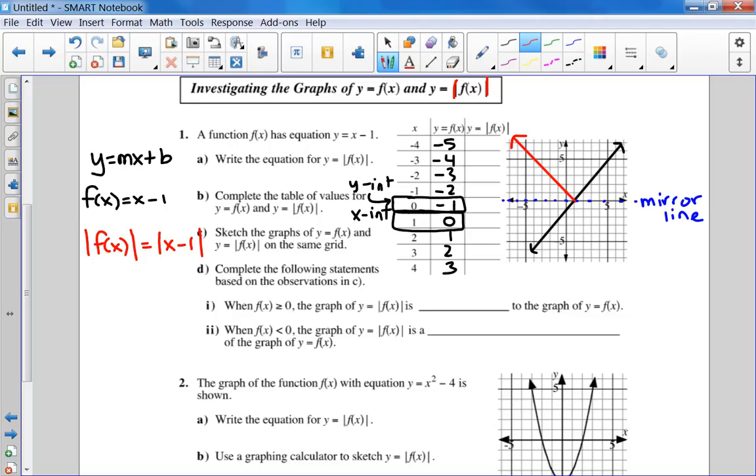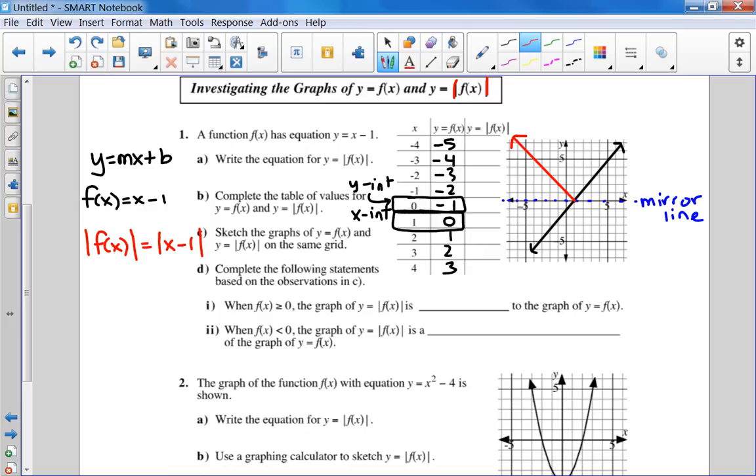Okay, so I've drawn in the red line to mirror the negative portions of the black line, but we know that the absolute value function of this original function is going to be the whole thing, right? It's the whole thing. I just want to show the effect in red.